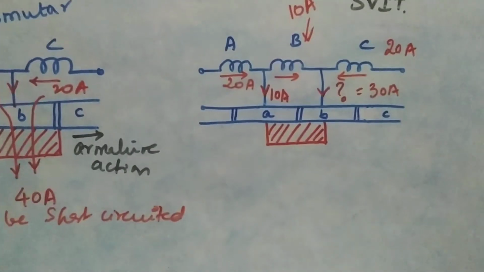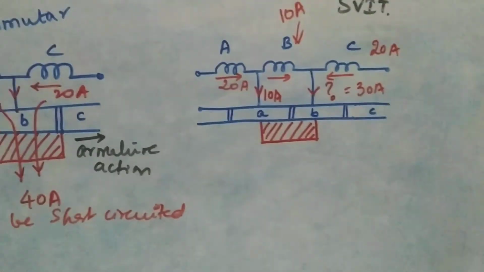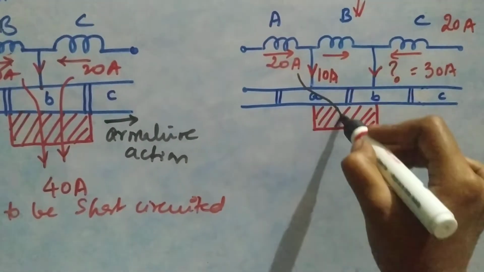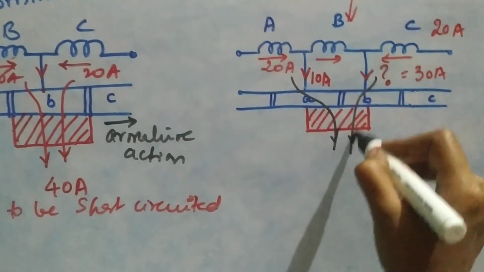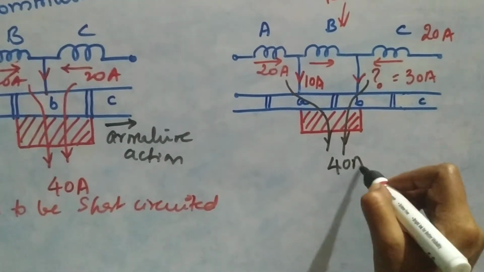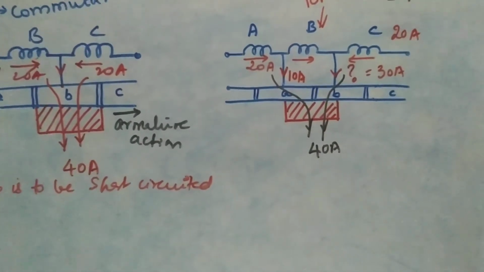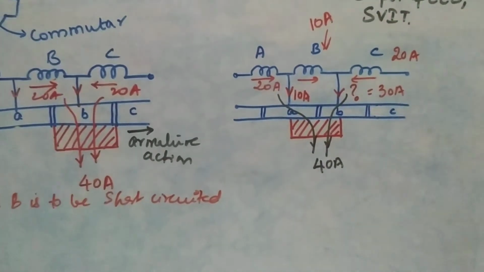Can you see that? Here a part of the current, and here also a part of the current. Still it is 40 amperes. So what is the change you will find here?